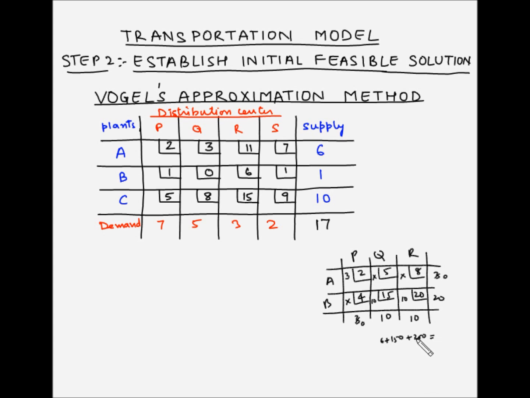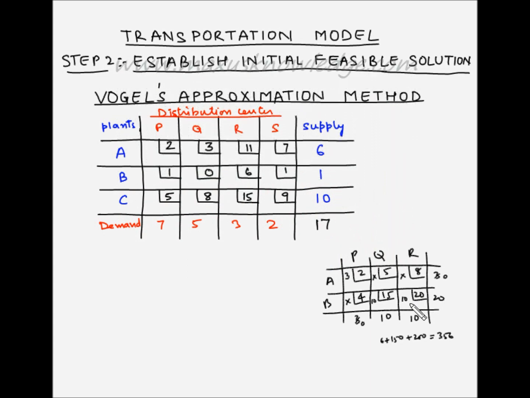So 200 plus 150 is 350 plus 6, so 356. Now, the biggest disadvantage is that you had to allocate 10 units to the cell BR, which has the highest cost of 20 rupees per unit.